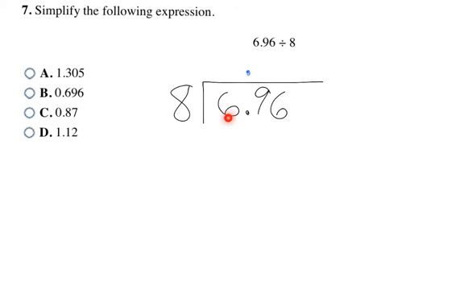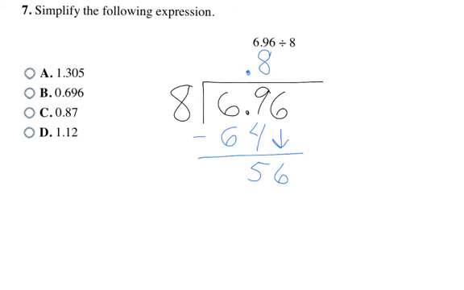8 goes into 6 0 times, so I'm going to have to look at 69. 8 goes into 69 8 times, so I'm going to write that 8 above the last digit in 69, above the 9. 8 times 8 is 64, so I'm going to write 64 under here, and then subtract, and 69 minus 64 is 5, and then I have this 6 to bring down.